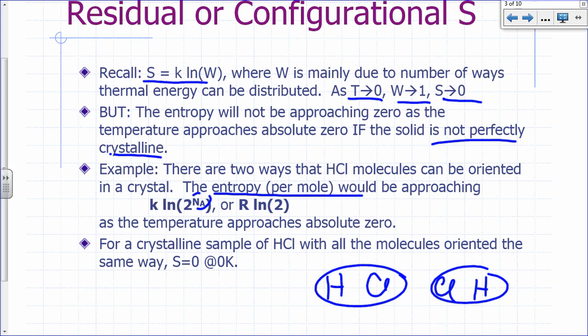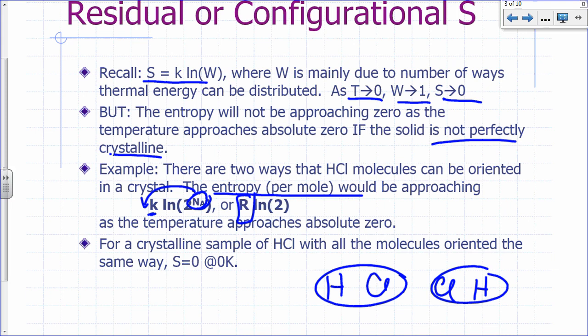If you have a mole of HCl molecules, each one of those molecules can be oriented one of 2 ways as they settle into your solid. So the total number of ways that they can settle into your solid would be 2 raised to the power N_A, where N_A is Avogadro's number. So if I move this over to the left, Avogadro's number times Boltzmann's constant, that's R. So R ln 2 would be the value that you will be approaching at absolute 0.